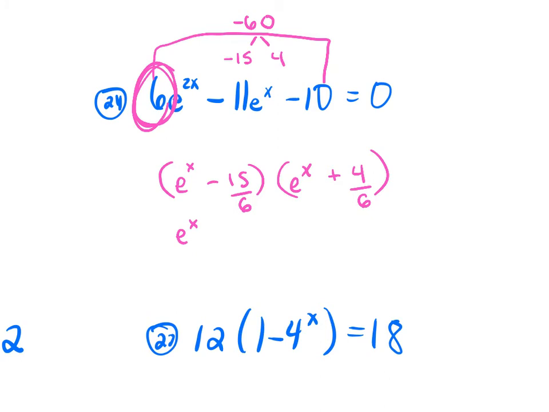So this would be 5, oops, so this should be minus 5, and then we put the 3 out front. And then the next one, 2 goes into both of these, so this is e to the x plus 2. We put the 3 out front. So we just simplify, and whatever doesn't simplify on the bottom goes to the front. So this is equal to 0. What do we do from here?